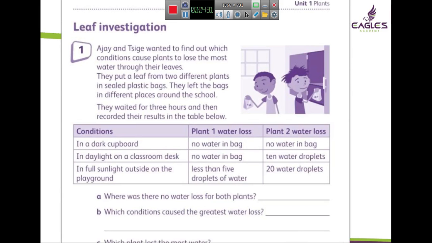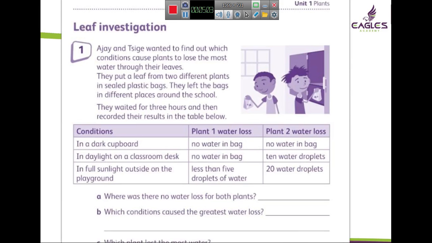So here we have different conditions, the boys left the bags in 1, 2, 3 conditions. And here we have the results for plant 1 and the results for plant 2. How did plant 1 lose water, and how did plant 2 lose water?